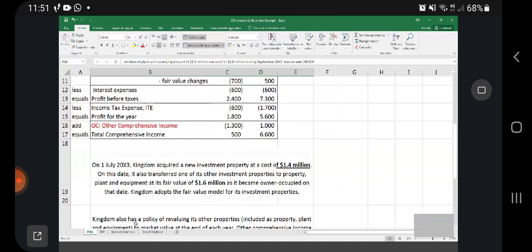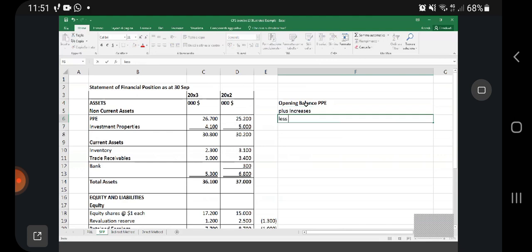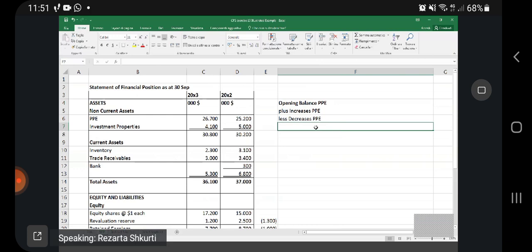Now, something logical to say, like an equation: opening balance of property, plant and equipment plus increases less decreases, where decreases always relate to the property, plant and equipment, equals closing balance of property, plant and equipment.